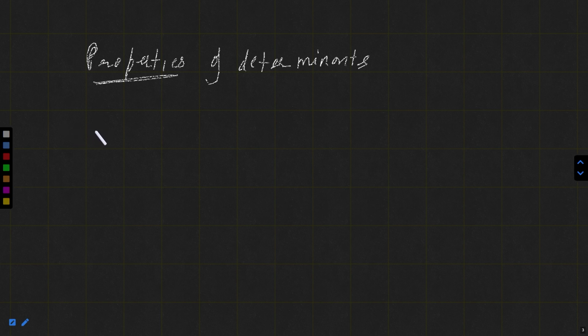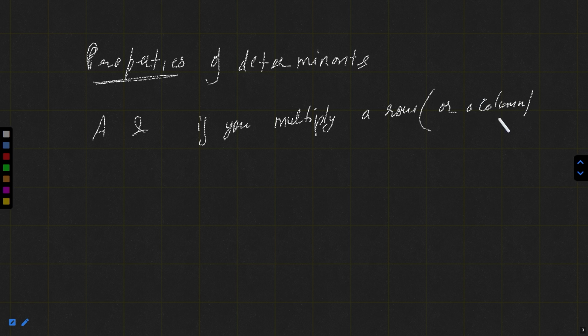One is this: if you have a matrix A and you multiply a single row or a single column by k, then the new determinant will be k times the determinant of A.